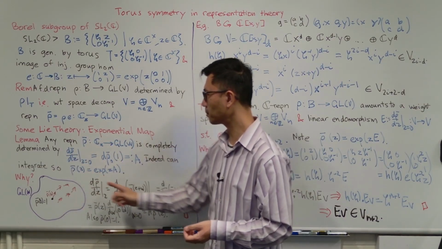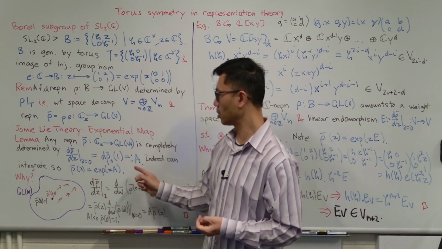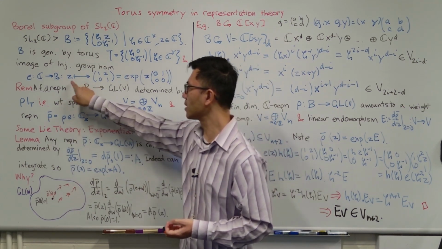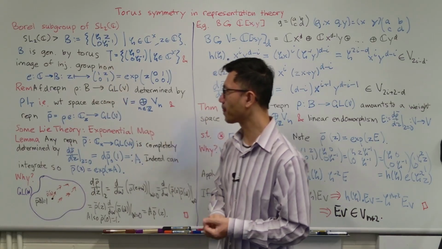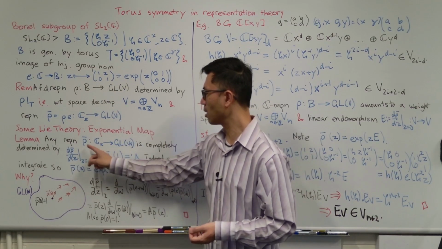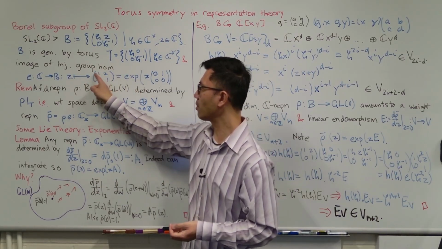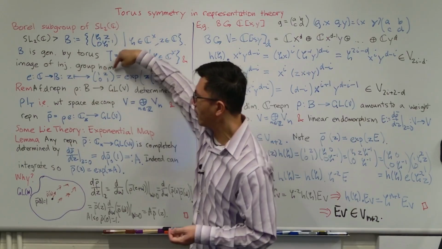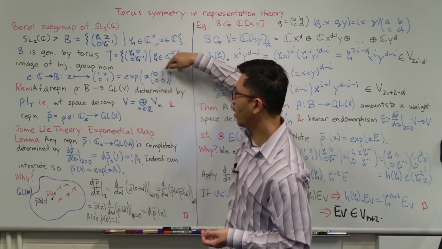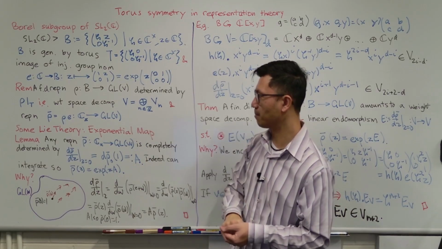Here's our rho bar, which essentially sends Z to this matrix here. And we can differentiate this with respect to Z at Z equals 0. You get 0, 0, 0, and in the upper right you'll get a 1. That's why you get this 2 by 2 matrix here, and that's why I've written it that way.